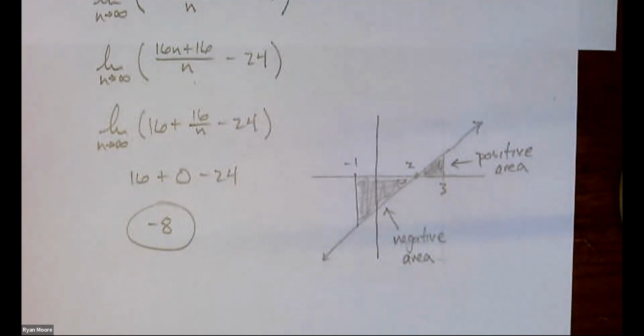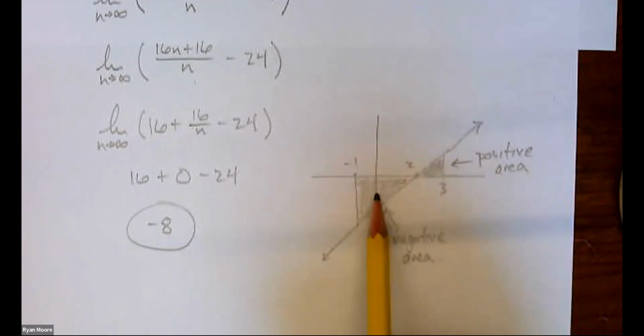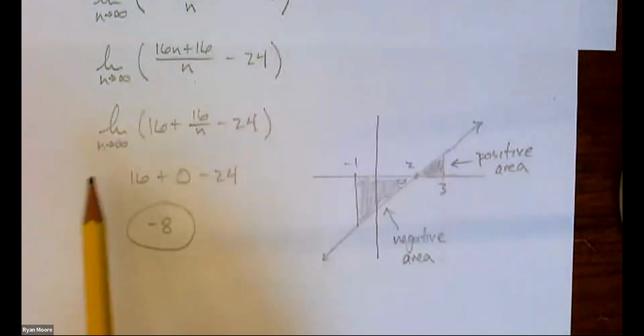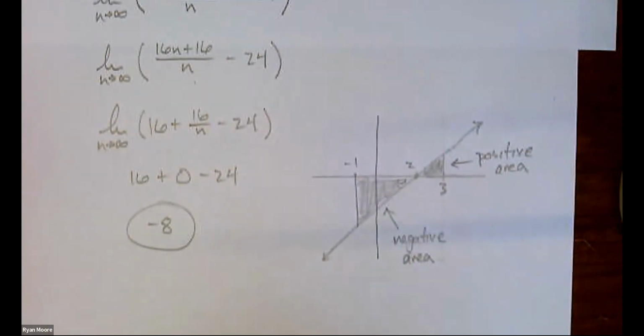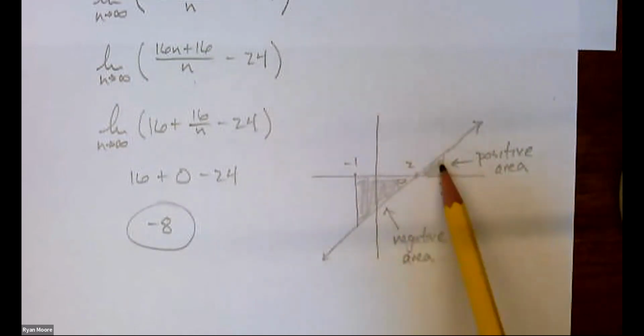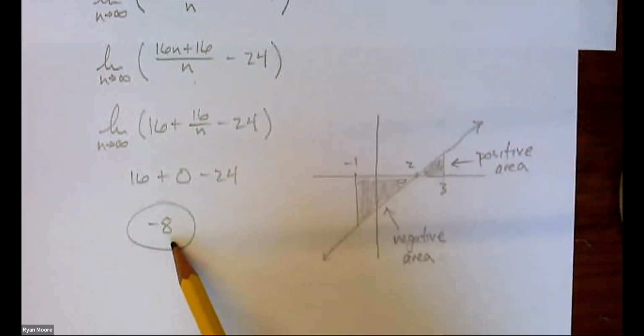You also notice, it's kind of interesting, these are just a couple of triangles, aren't they, in the end? I think we could have found that answer. In this case, we didn't even need to do all this calculus. We could have just found the areas of these triangles, right? And considered this area negative and this area positive and gotten that result.